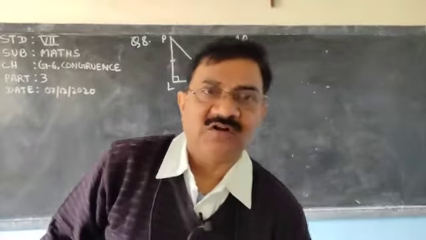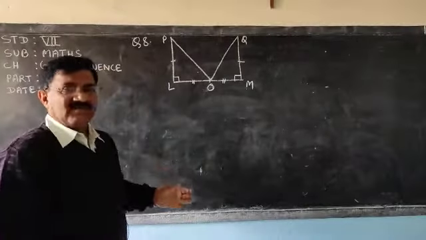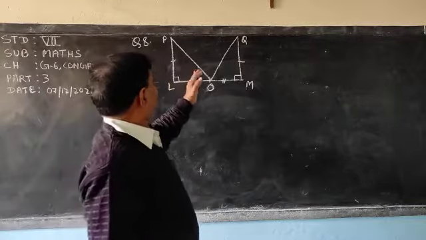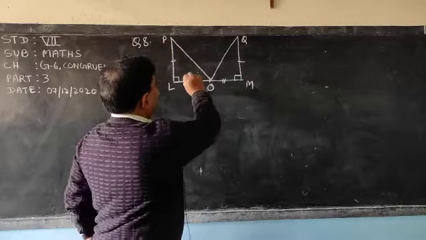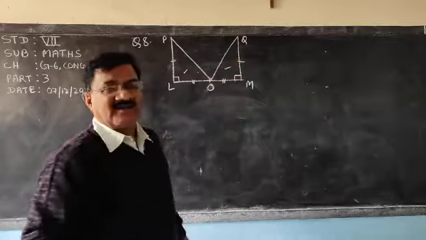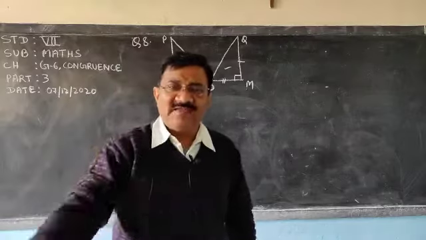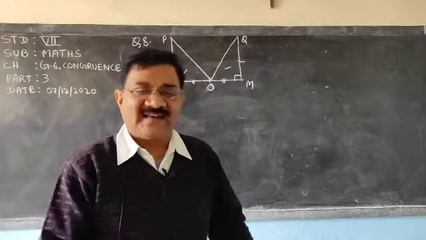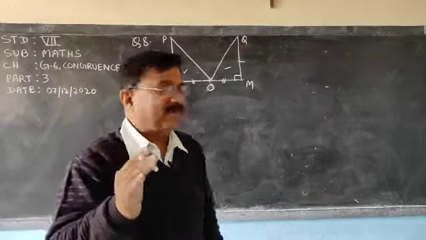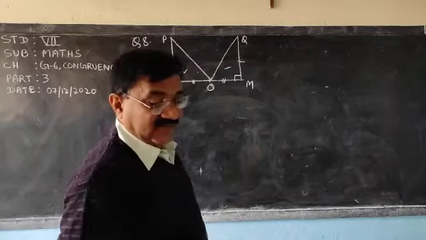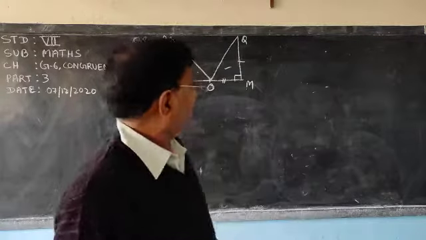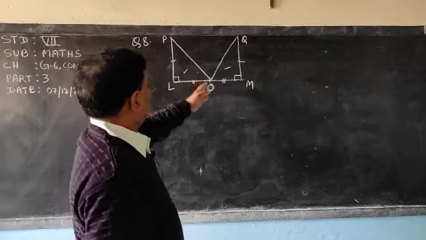Question understood or not? If you can prove that these two triangles are congruent, then we know that corresponding parts of congruent triangles are congruent, which means by CPCT, OP will be equal to OQ.